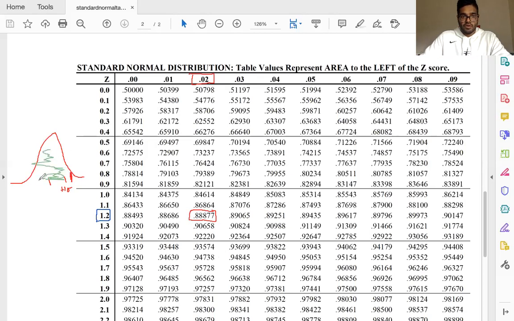When you look at this table, it's always going to give you the area below that value, the percentage below. So if I wanted to find the percentage of 12-year-old males that are above 160 centimeters tall, I would have to do 1 minus this number to find this area over here in the blue. That makes sense graphically, because that area is a lot smaller than the green area. So that's how you use this table.